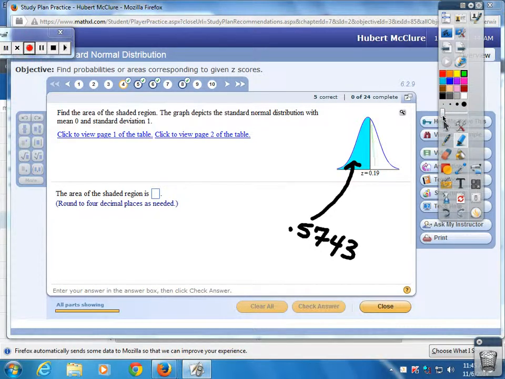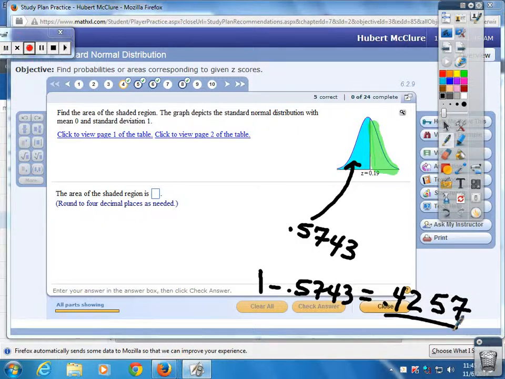Question: what if I told you on the test to give me the right-hand side? Then that would be 1 minus 0.5743, which is equal to 0.4257. Somebody check me.